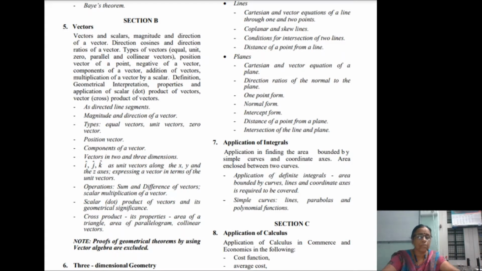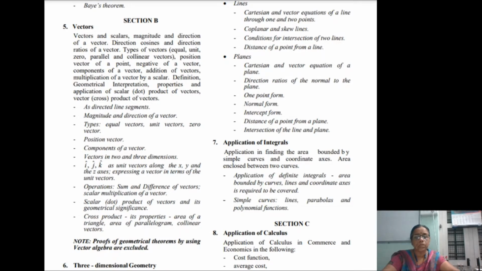When we talk about components of a vector, we consider the three-dimensional coordinate axes, that is the x-axis, y-axis, and z-axis, and we have to learn vectors in 2 dimensions as well as 3 dimensions. We consider the three mutually perpendicular axes OX, OY, and OZ.